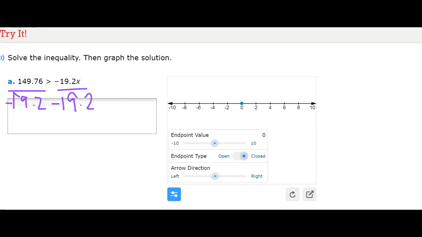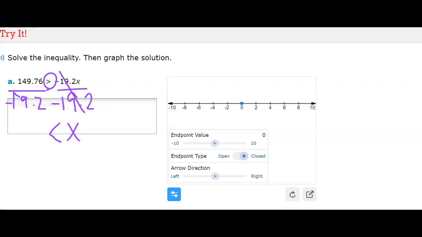And so these cancel out. We have an x. Our symbol changes directions because now we're using a negative, and so the direction of the symbol must change.